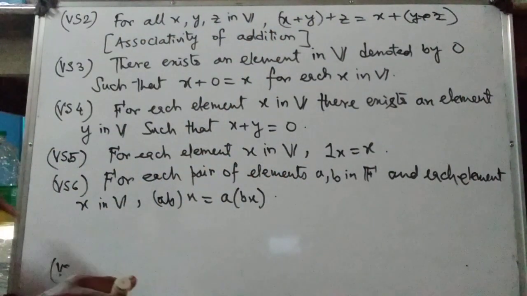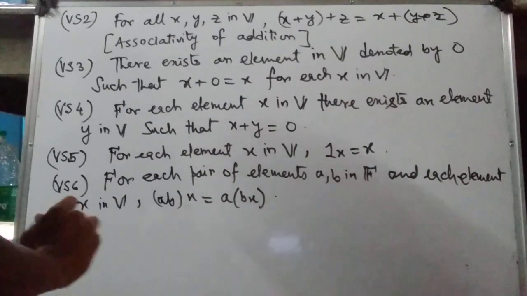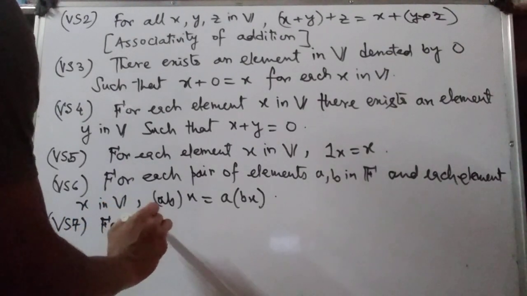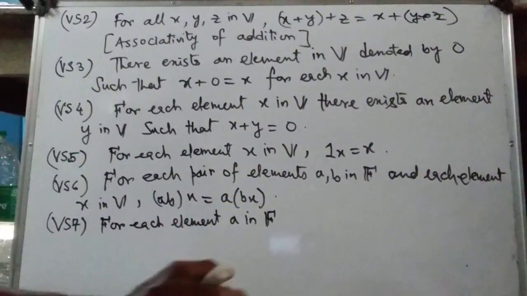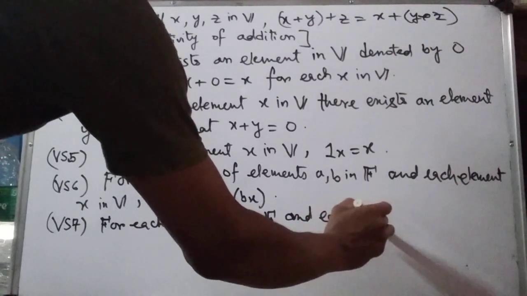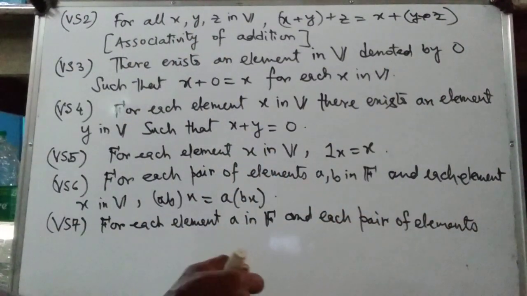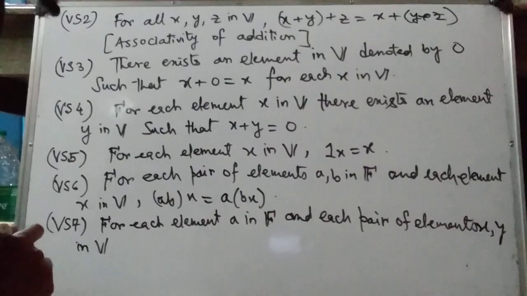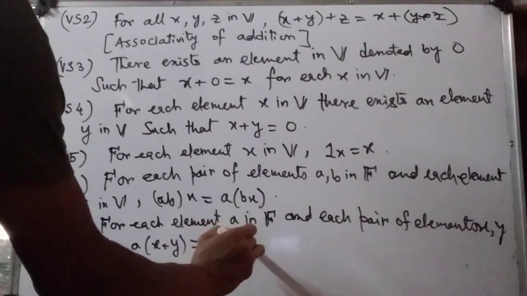That means VS 7: for each element a in F and each pair of elements x, y in V, a(x plus y) equals ax plus ay.